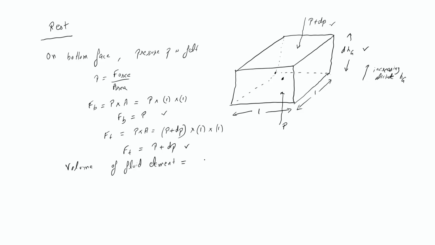So volume is 1 into 1, of course, into dHg, length into breadth into height. So that is again dHg. Now what is the mass of the fluid element? This fluid element. Alright. So mass of the fluid element is what?